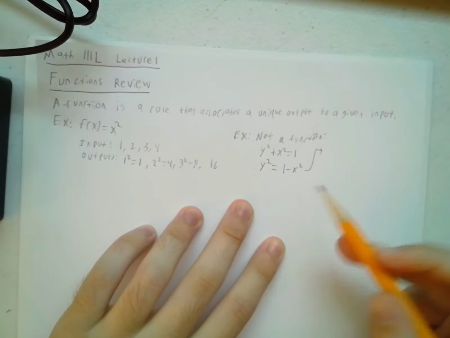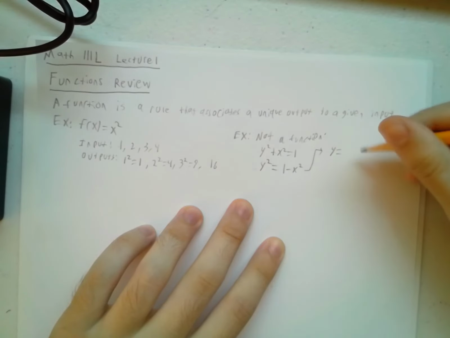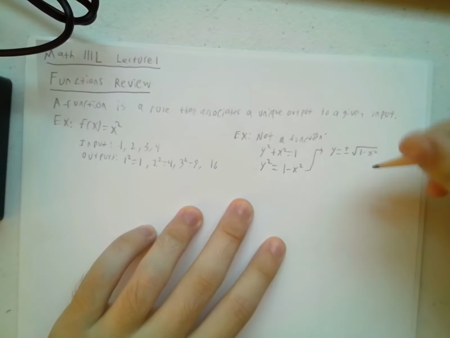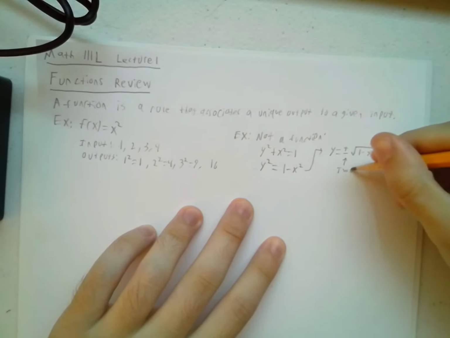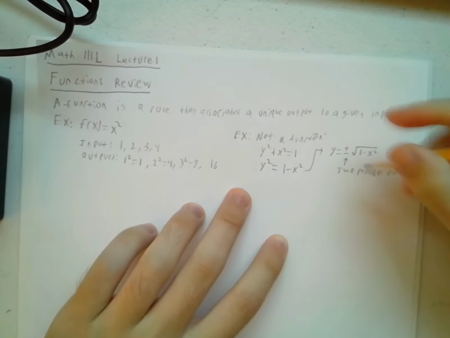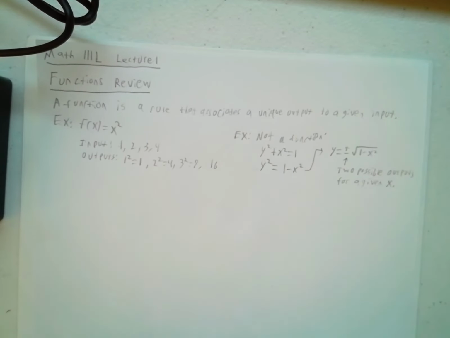And if we take the square root of both sides, then we get y is equal to square root of 1 minus x squared, but it could have a plus or minus sign. And so because of this plus or minus sign, we have two possible outputs for any given x value. And this means that this would not be a function.